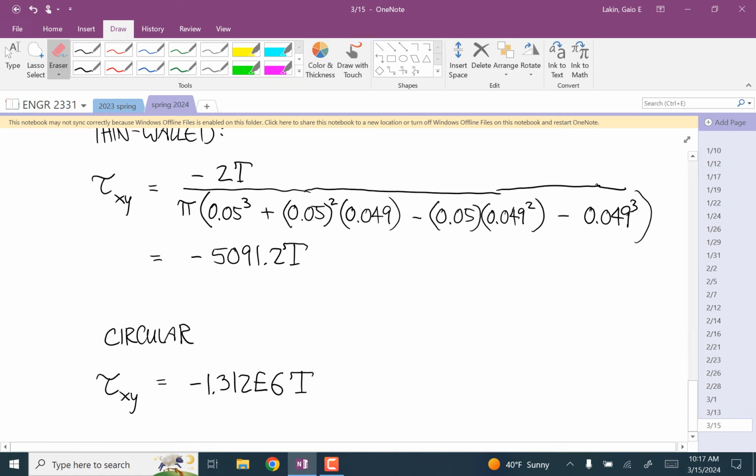For the circular one, we get negative 65,604 times the torque. And for the thin-walled one, we get negative 64,954.6 times the torque. So you can see percentage-wise, those are super close, but that's a really thin wall, you know.